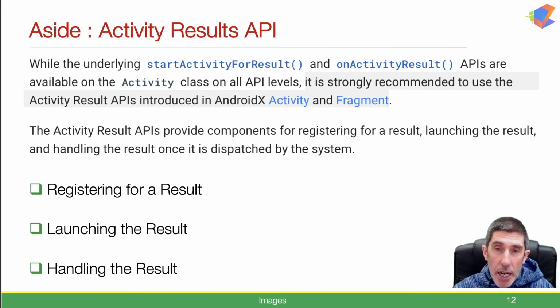So in our case, ultimately we're going to be adding an image, we're going to be adding a location, so that will be two separate callbacks that we need to manage. In older versions of Android, that would all be wrapped up in one single callback function.